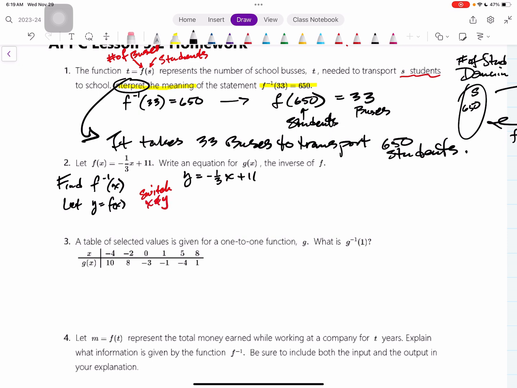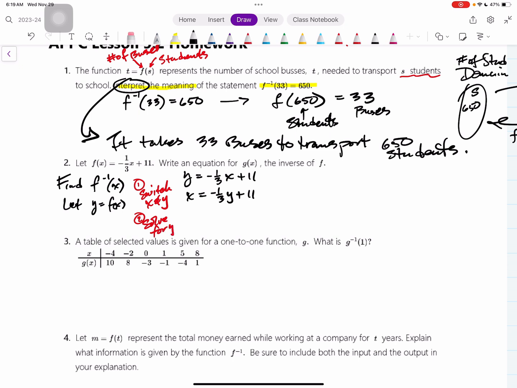So x is equal to negative 1/3 y plus 11, because the domain and range switch for the inverse. Then you solve for the original variable. Actually, let me put it in red. Step 1, we switch variables. Step 2 is you solve for y, the original variable.